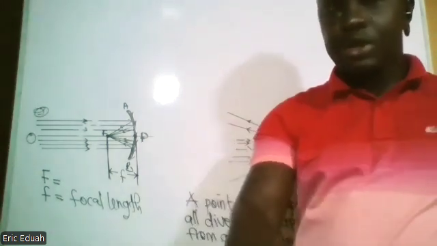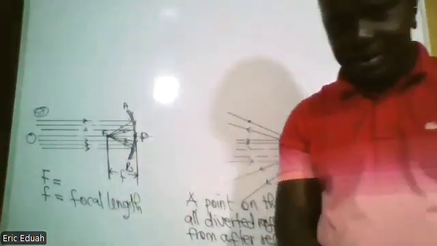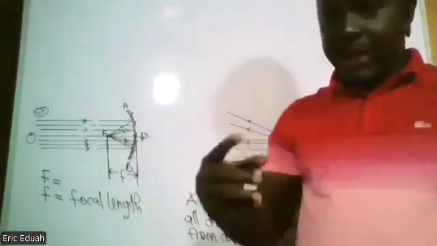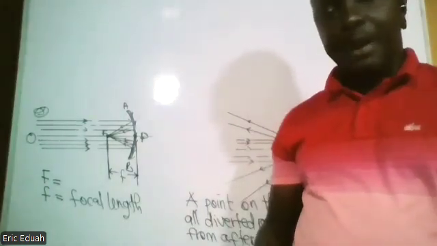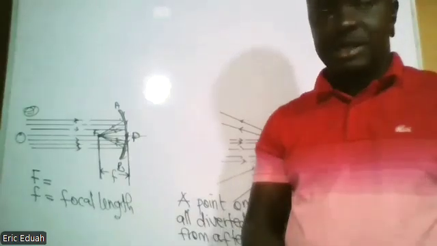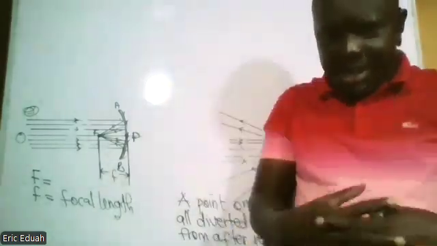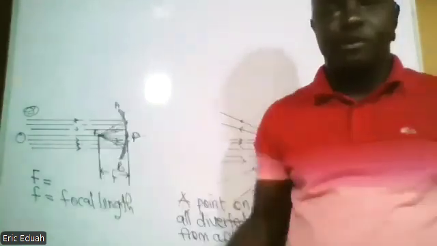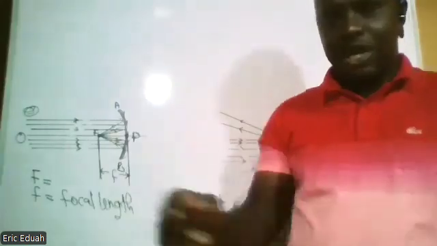It is a point on the principal axis where all rays that are close and parallel to the principal axis, I mean paraxial rays, actually meet or appear to be diverted from after reflection.